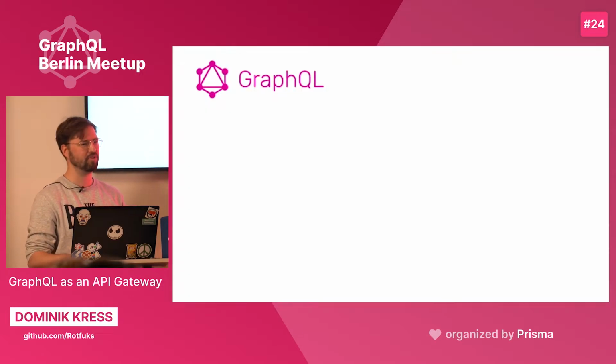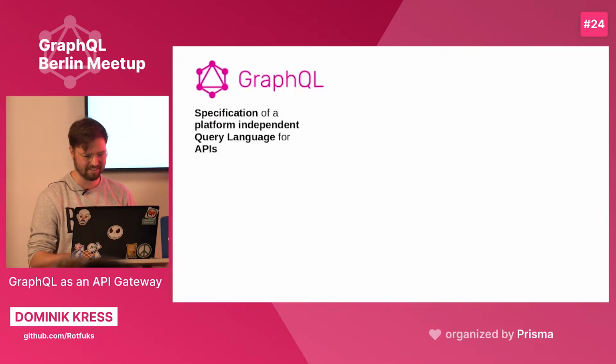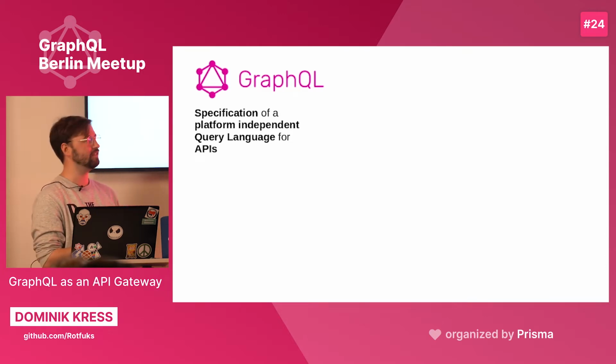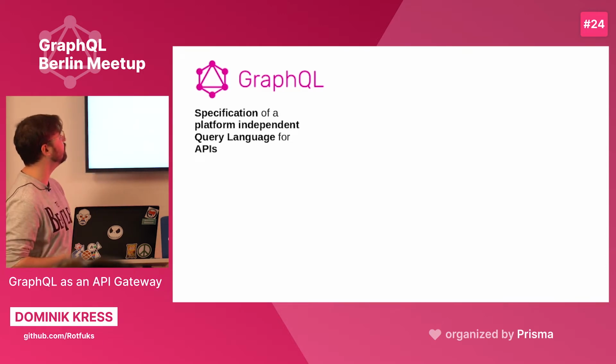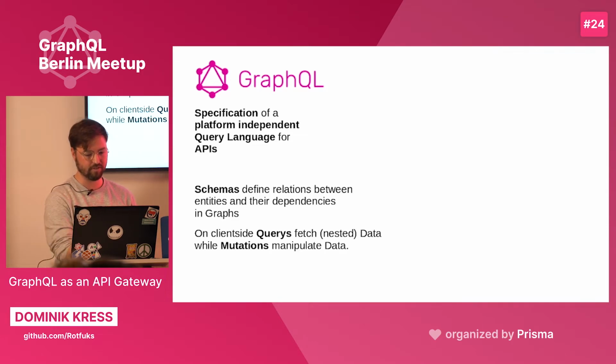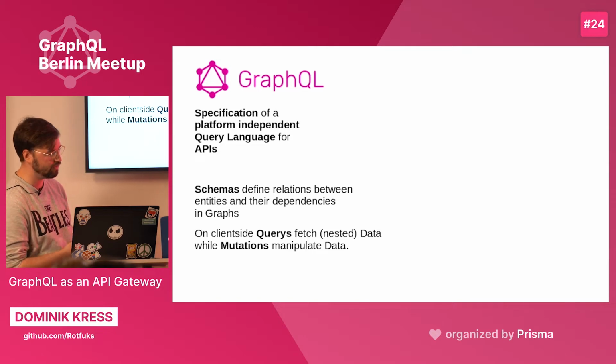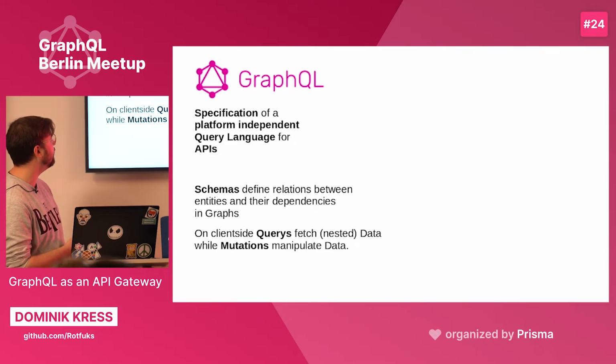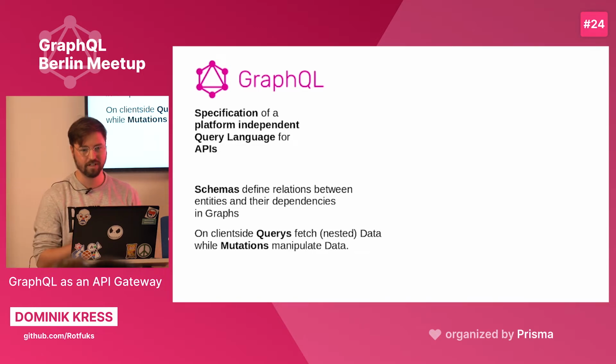But what's GraphQL? Well, basically GraphQL as a specification of a platform-independent query language for APIs has a lot of cool things like schemas that define relations between entities and their dependencies in graphs. Just to reiterate, I hope this is nothing surprising for you today.